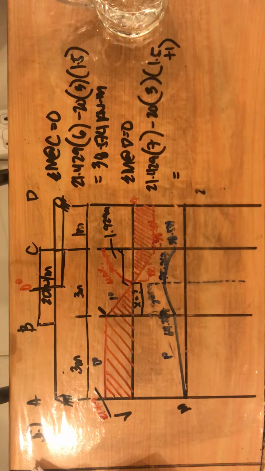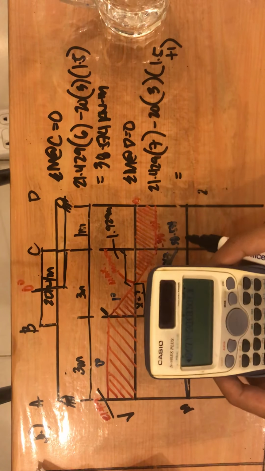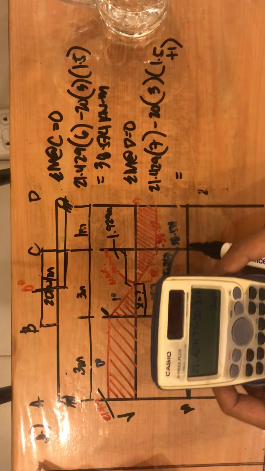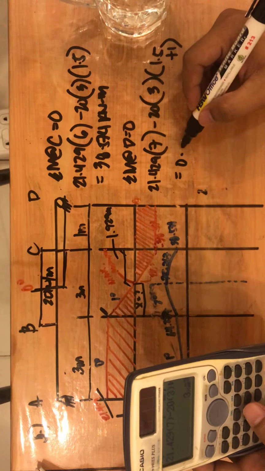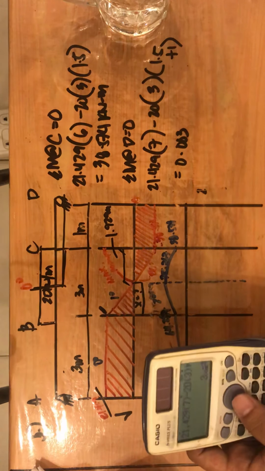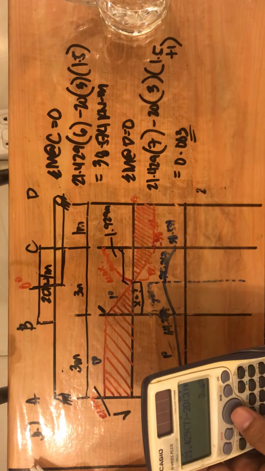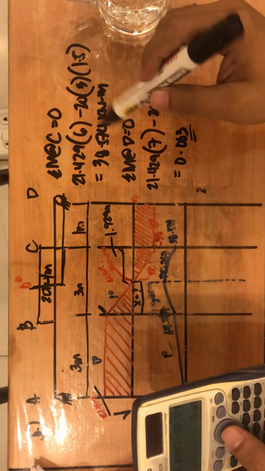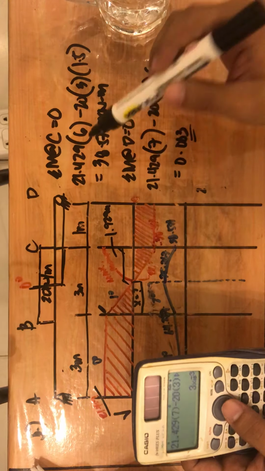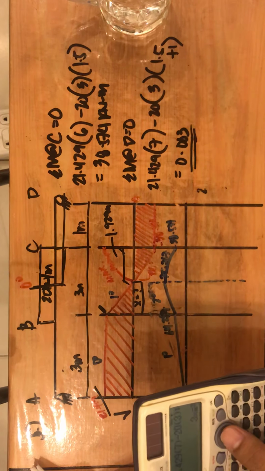Our moment at D is 0.003. The leftover 0.003 comes from rounding in the conversion, but that is okay, so we mark it as 0.